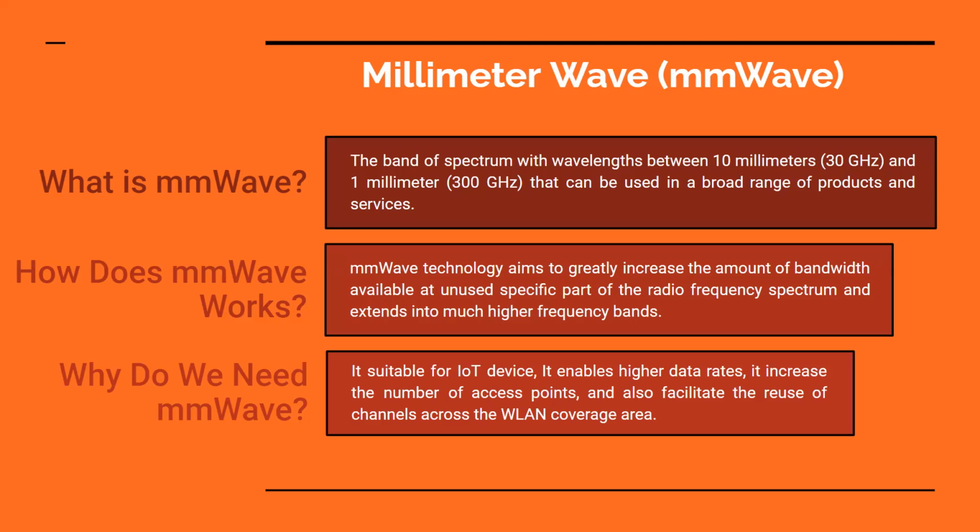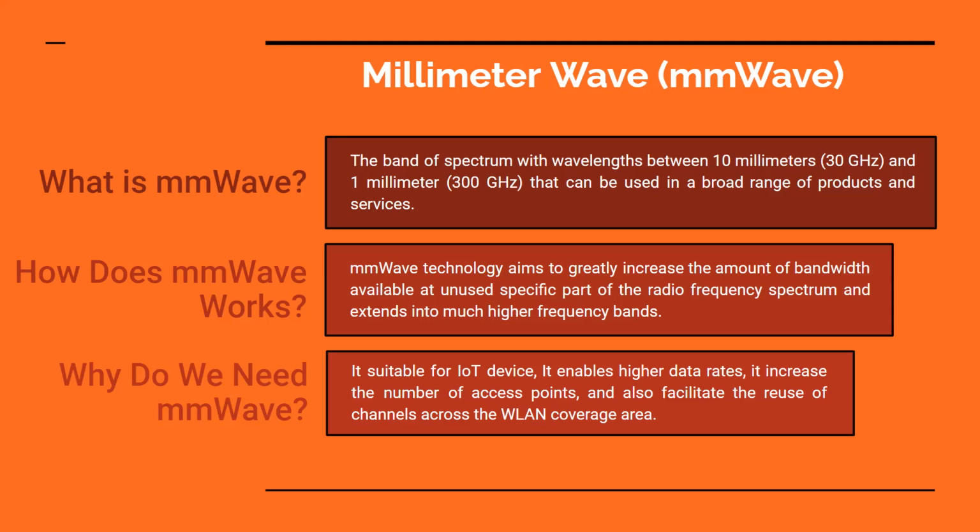So now, how does mmWave work? mmWave technology aims to greatly increase the amount of bandwidth available on a specific part of the radio frequency spectrum, like I mentioned before, between 10 millimeters and 1 millimeter, and extend it to a much higher frequency band. So, why do we need that?